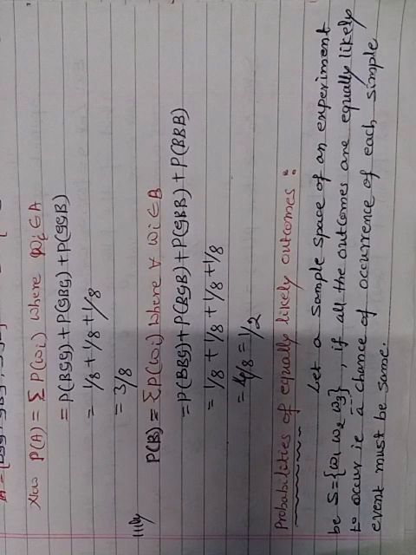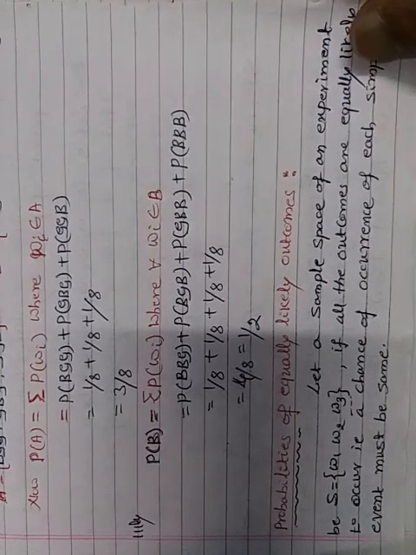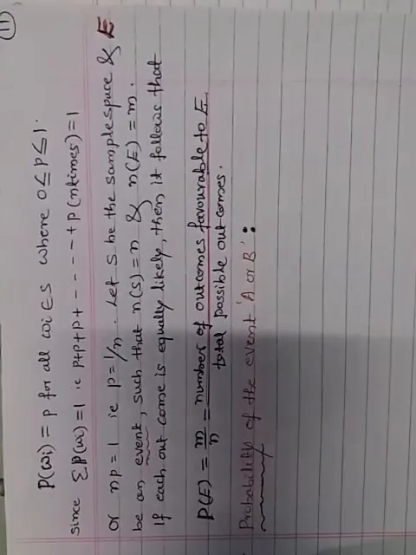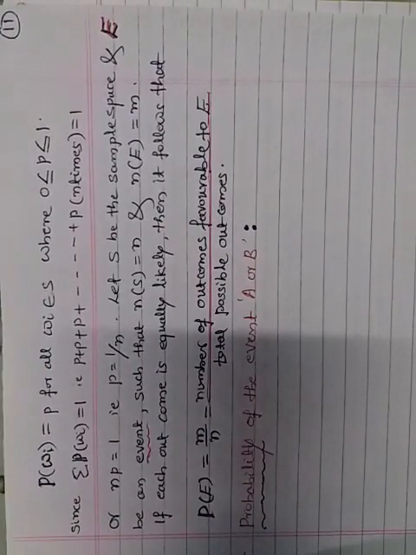Likely means same. Equally likely. Here it means the chance of occurrence of each sample event must be the same. Am I right here? That is how you understand equally likely events.